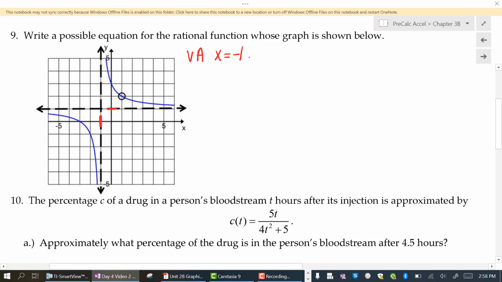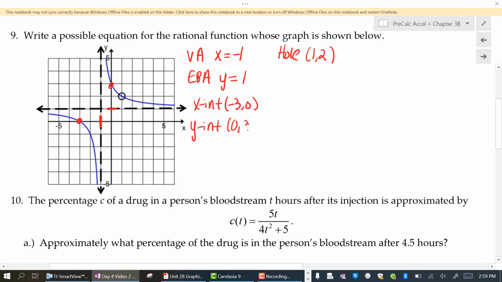I have an end behavior or horizontal asymptote at y equals 1. I have a hole at (1, 2). I have an x-intercept at -3. I have a y-intercept at 3.